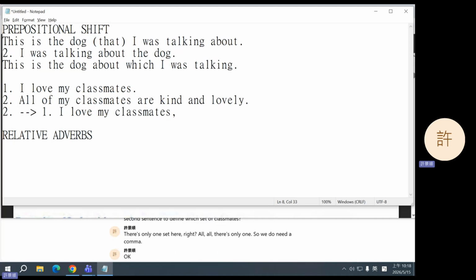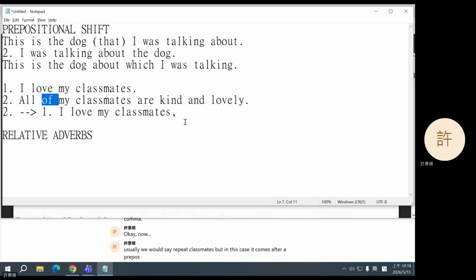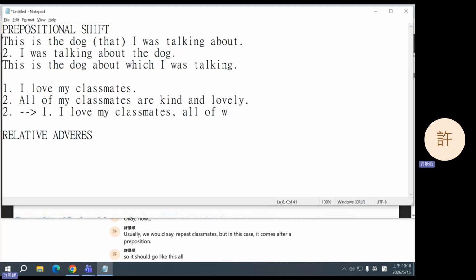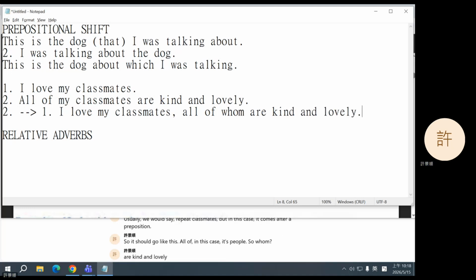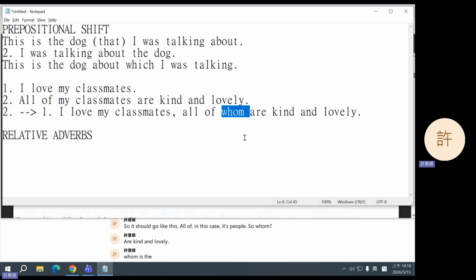Now, usually we would say repeat classmates, but in this case, it comes after a preposition. So it should go like this. All of, in this case, it's people, so whom are kind and lovely. Whom is a form of who that you use in the object position. I'm talking about him.